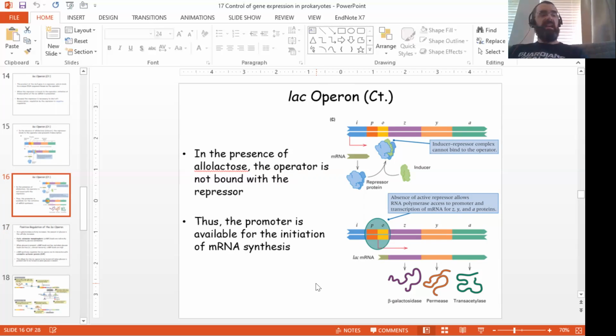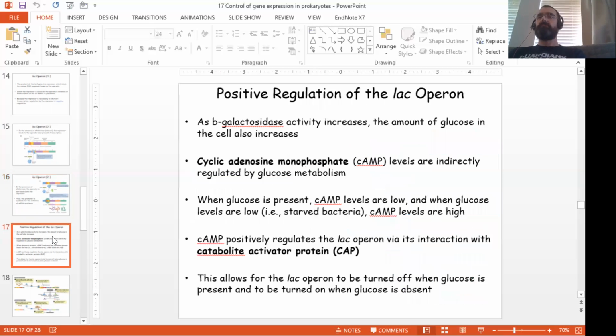However, what we can detect is the consequence of having more glucose. This is something that's also shared with eukaryotes. There's a kind of cellular energy sensor called cyclic AMP, or cAMP.